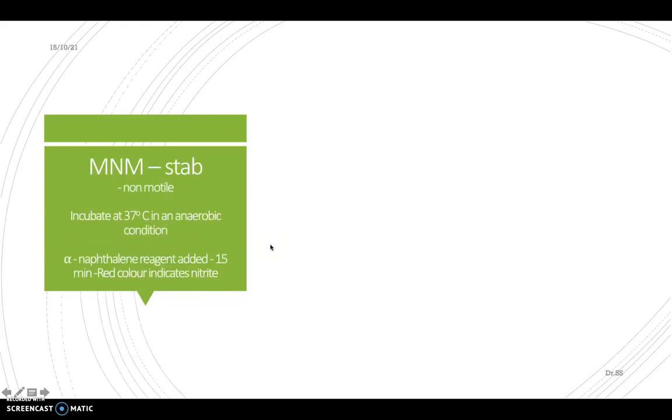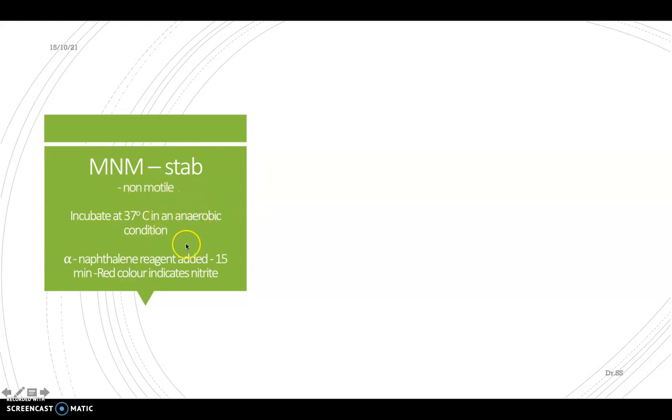And then MNM. In this we stab the culture, mainly for motility observation. The organism grows where it was stabbed and won't spread to other areas, which shows its non-motile nature. It should be incubated at 37 degrees Celsius in anaerobic conditions, and then we observe the results.